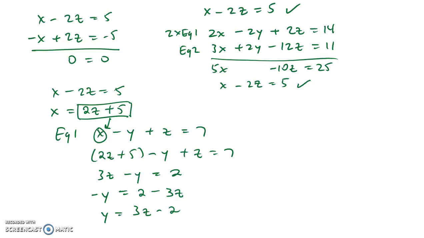So you may wonder what I'm trying to accomplish with all of this. The idea is to express x, y, and z in terms of just one variable. And we're going to use z as that variable. So we expressed x in terms of z, 2z plus 5. We've now done the same with y using one of our three original equations.